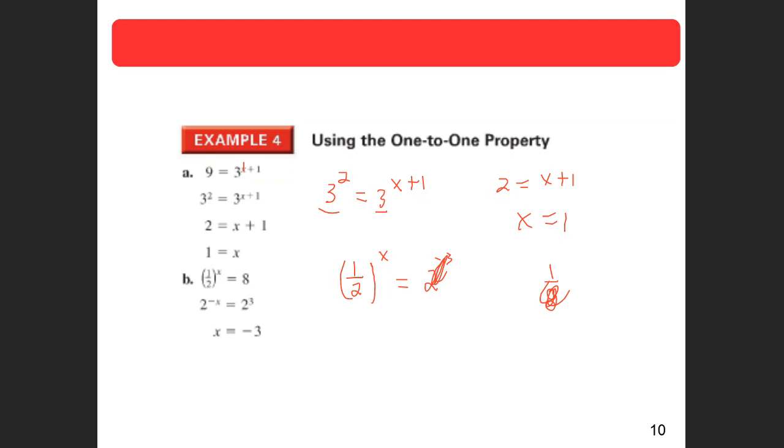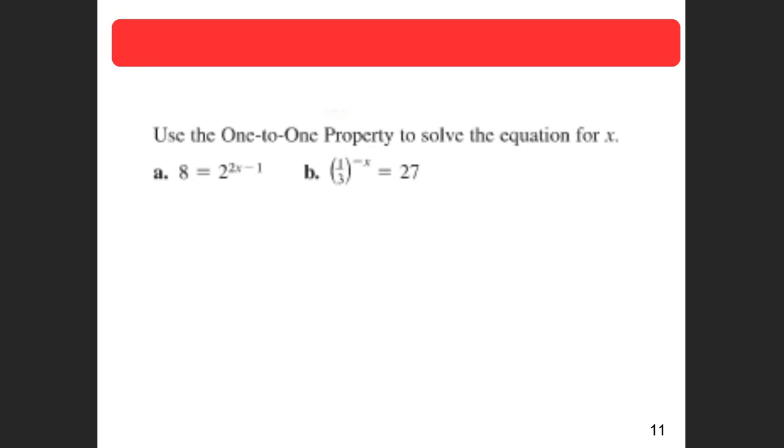I'm going to just forget that happened because 8 is the same thing as 2 to the third, right? So you could write it as 2 to the third, and then 1/2, I could rewrite that as 2 to the -1, can't I? Because that's going to bring it over. So that would be -3 would give us the 8. Okay, so sometimes it's kind of tricky. You've got to be able to change the bases.